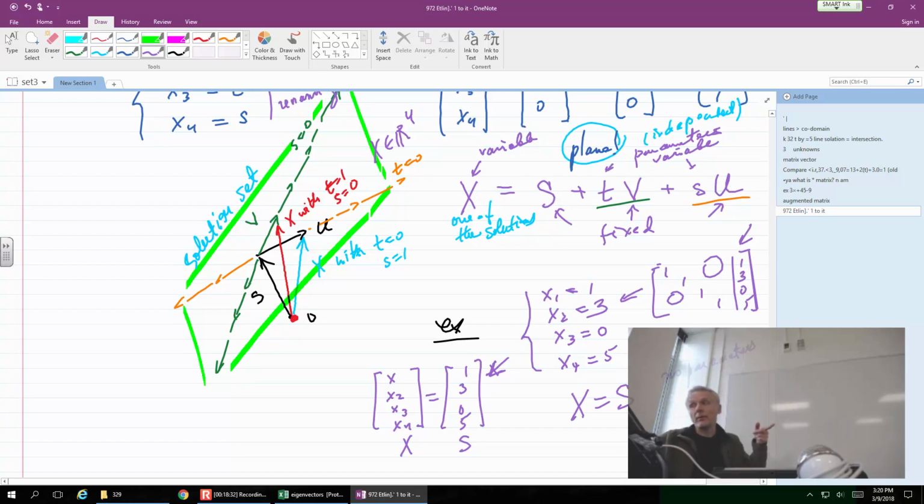Remember, there's even a smaller possibility. I'm not going to look into that just now, but no solutions is always a possibility. So you can think of something happening and there are fewer than four leading ones.